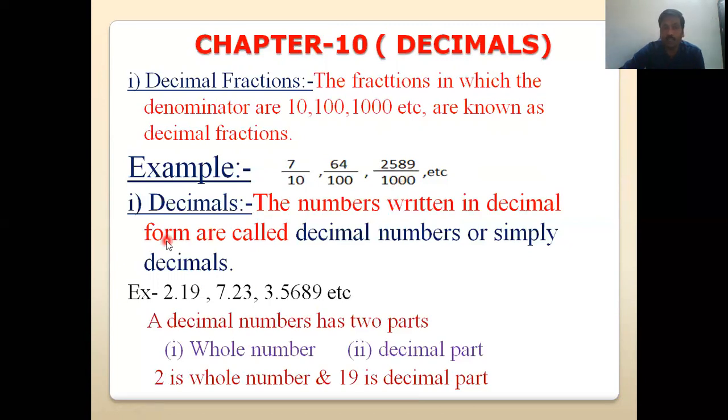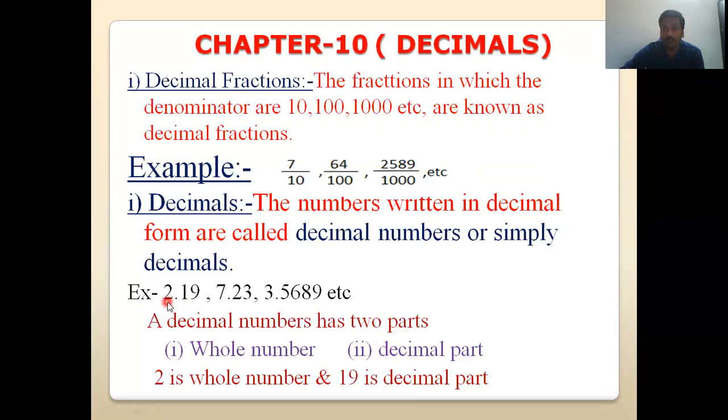Now another topic is decimals. The numbers written in the decimal form are called decimal numbers or simply decimals. A number which has two parts, the whole number and the decimal part. This number 2.19 is written in decimal form because the decimal point symbol is given. The decimal point separates the two parts.